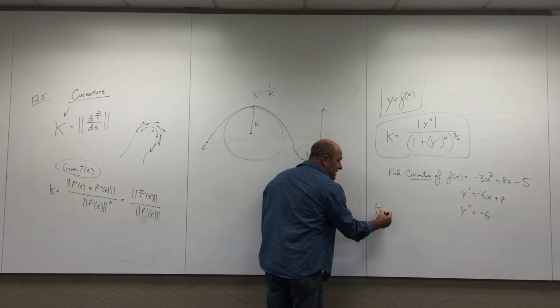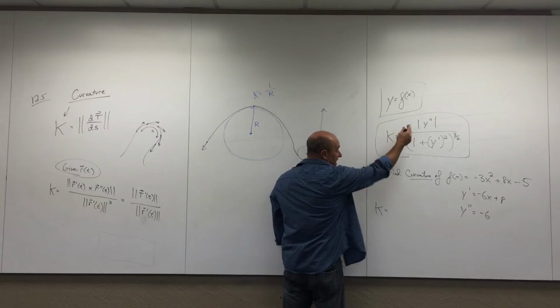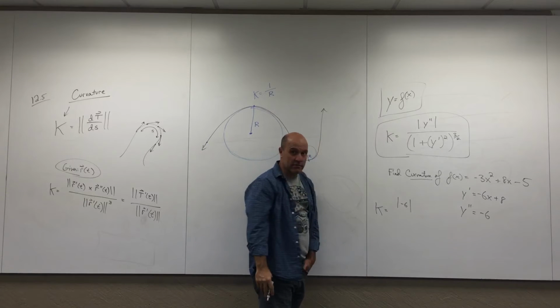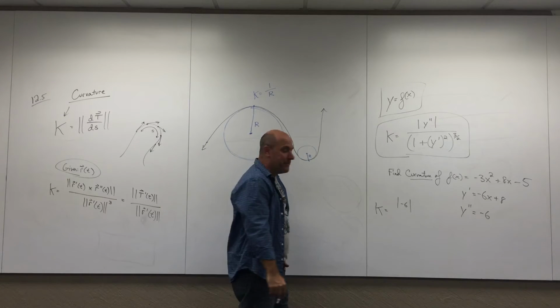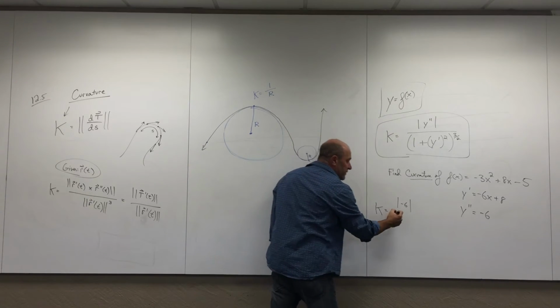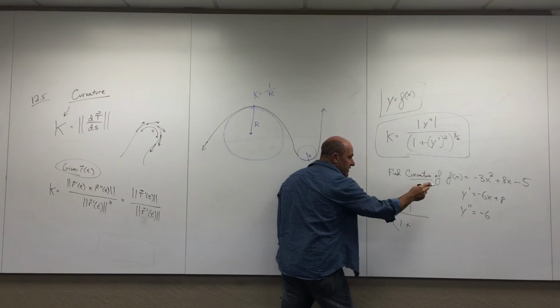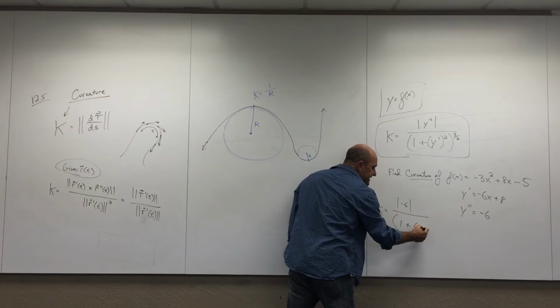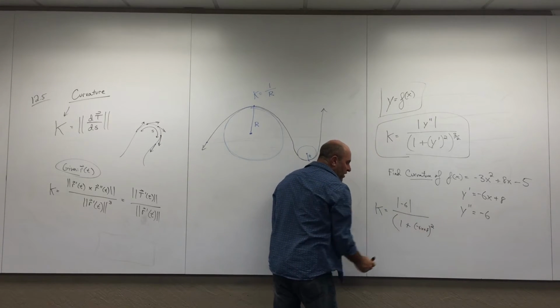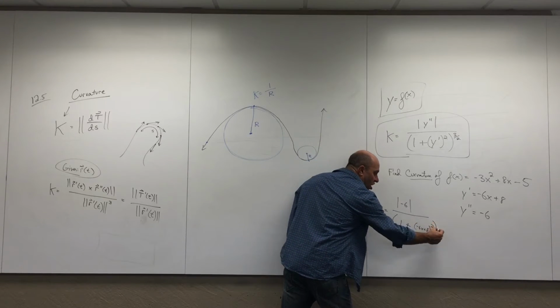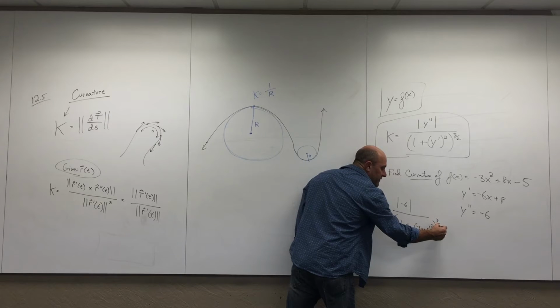My curvature formula is the absolute value of that negative 6, which actually I could call 6, over parentheses 1 plus the derivative. There's my derivative, negative 6x plus 8. That derivative gets squared. I don't think I want to FOIL it out, but it's the derivative squared plus the 1, and then all that to the 3/2.